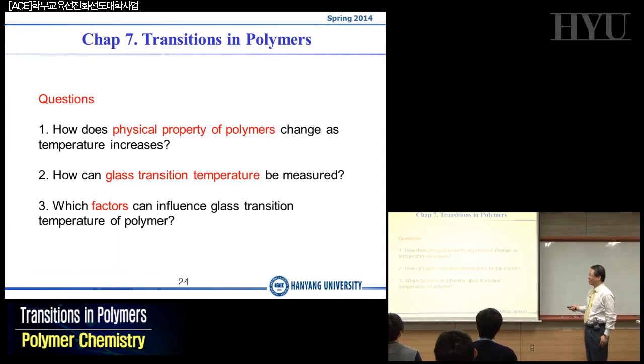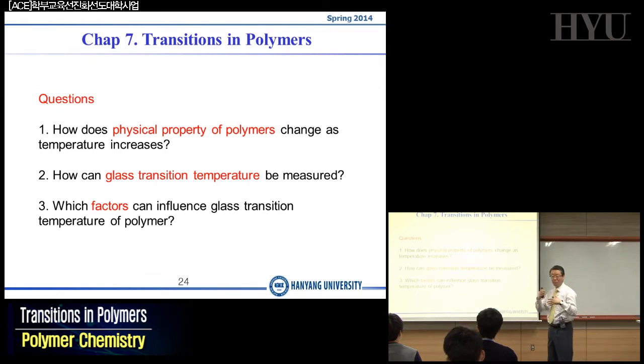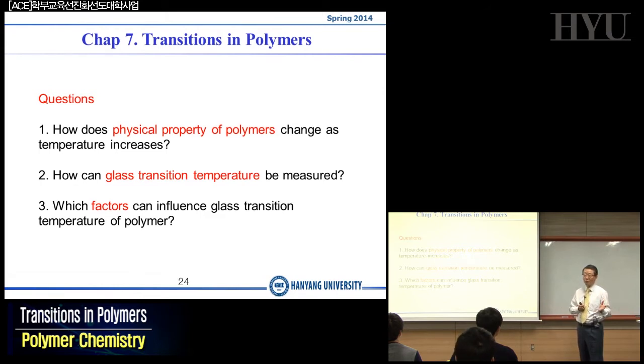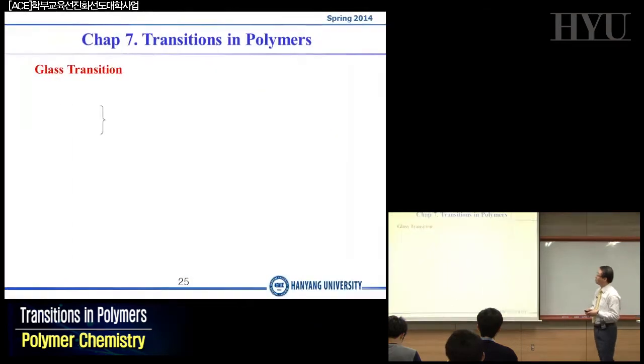What about the factors affecting the glass transition temperature? Okay? We have talked about the secondary bonding forces, such as hydrogen bonding, and my question was whether this hydrogen bonding will affect the glass transition temperature or melting temperature. Okay, so I will talk about several factors affecting these transitions of the polymers.